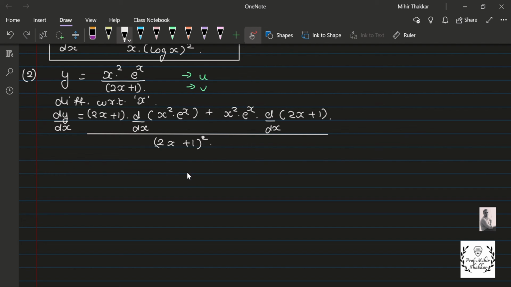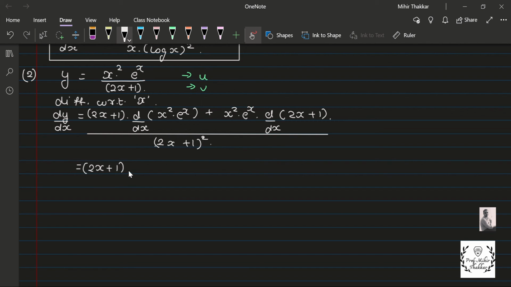Remember guys, you don't need to expand this denominator with the help of a plus b the whole square or a minus b the whole square or anything. It will be just kept as it is till the end of the answer without doing anything to that. Okay. So as we know, this 2x plus 1 is outside the derivative, so we will leave it as it is.